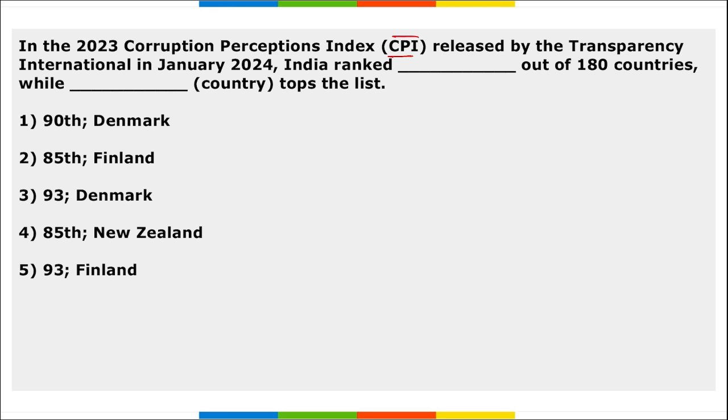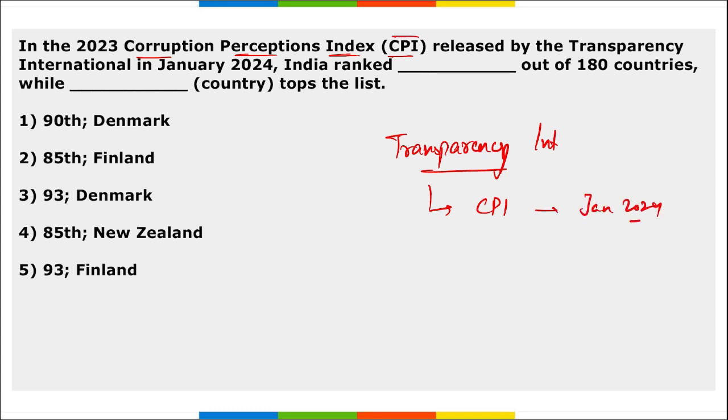Now let's move to some revision current affairs that will be beneficial for your learning. CPI, that is your Corruption Perception Index, released by Transparency International. So Transparency International has released the CPI, Corruption Perception Index. This was for January 2024. What was the rank of India in this Corruption Perception Index?